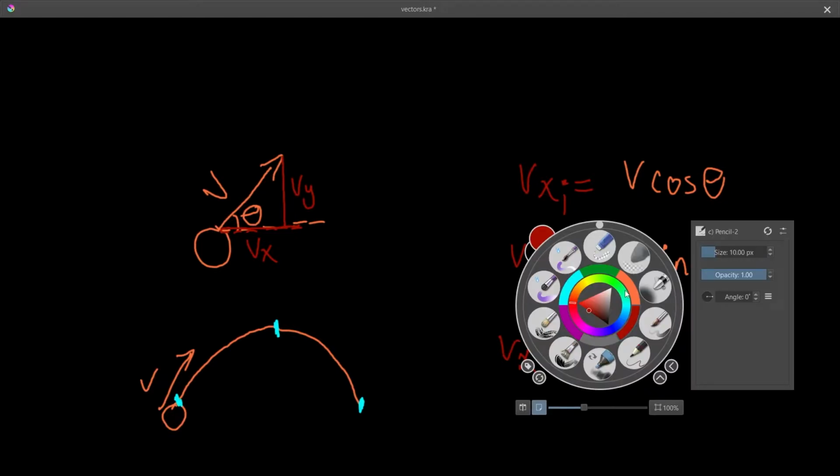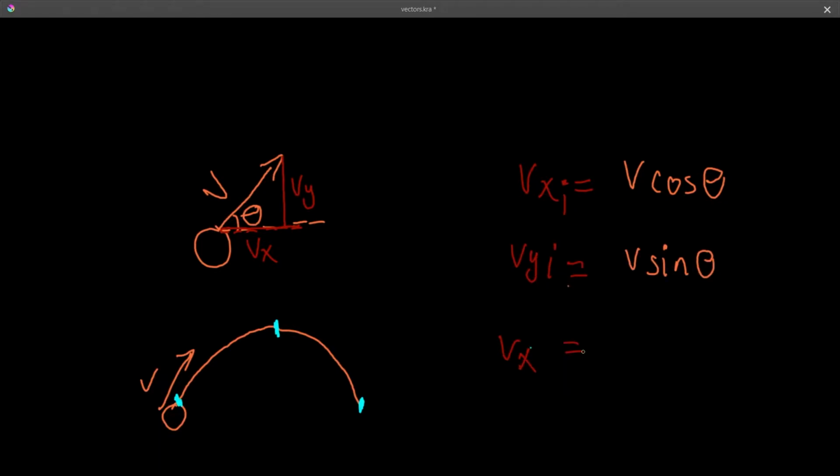It's constant because we're ignoring air resistance, so there is no force interacting to change it on the x-axis. So it's always V cosine theta. That's Vx. Vy, on the other hand, changes. It can change depending on where you take it.